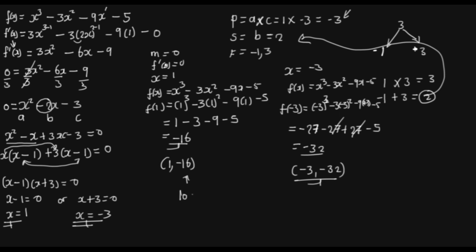So here, this is a local maximum because its y value is greater than the other one. So negative 16 is greater than negative 32. So this one is a local minimum. Then the x value tells us the location where the stationary point is.